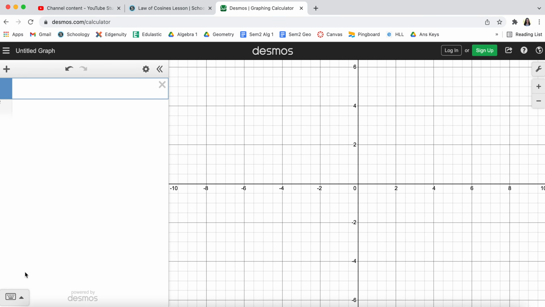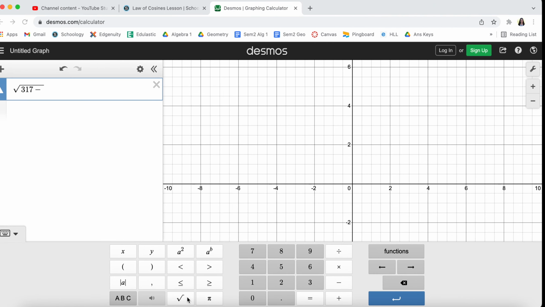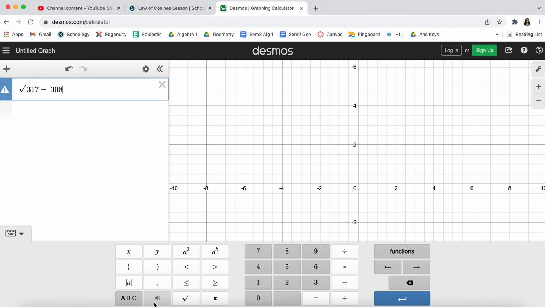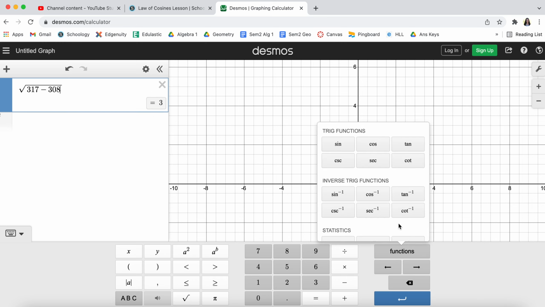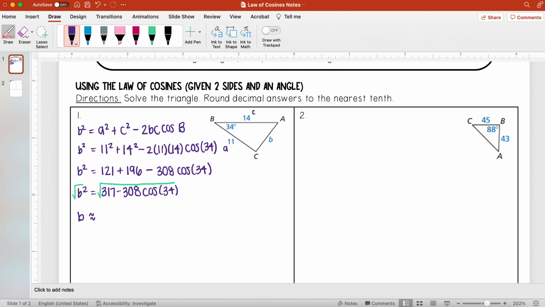To get that square root, it's this button, so I have 317 minus 308 cosine of 34. Rounding to the nearest tenth, I get that this is going to be 7.9.